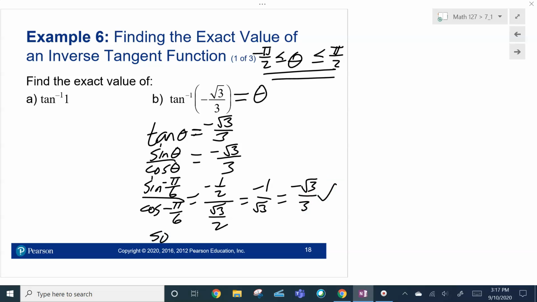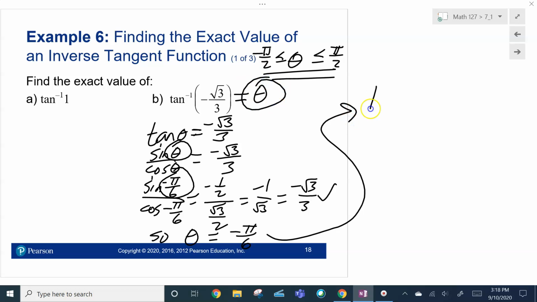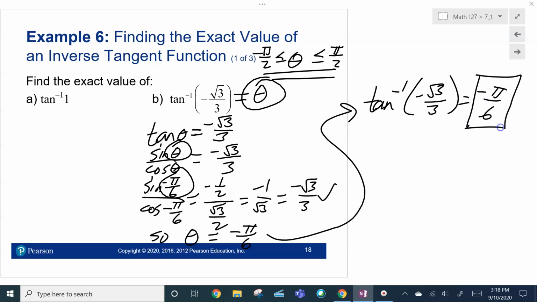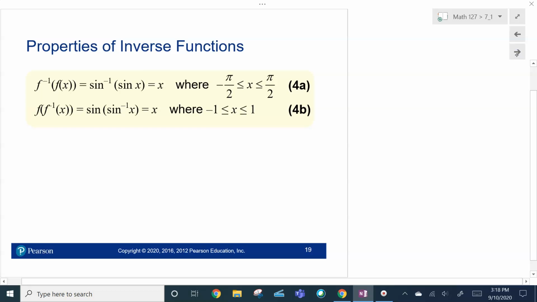So theta must be negative pi 6. So we just found theta. So we know the arctangent of negative root 3 over 3 is theta, negative pi 6. How beautiful is that?